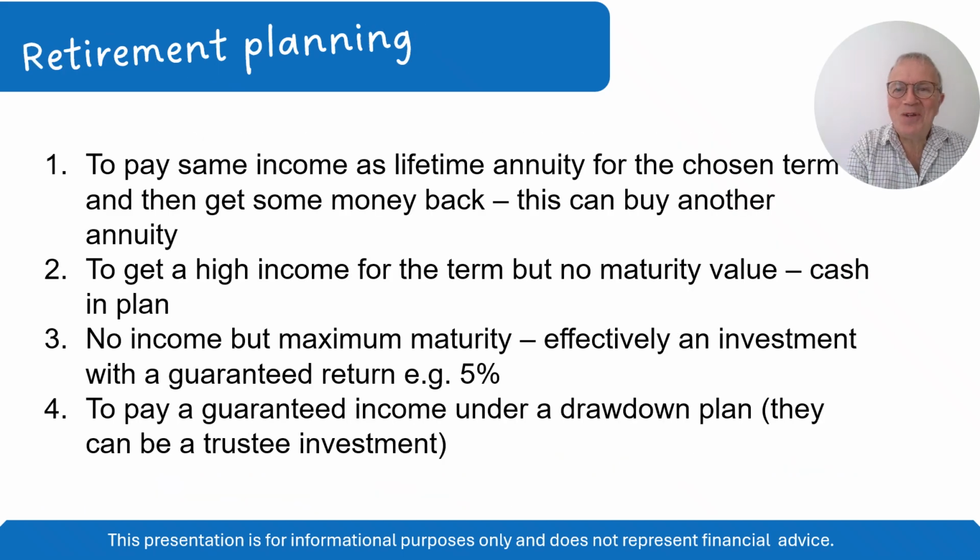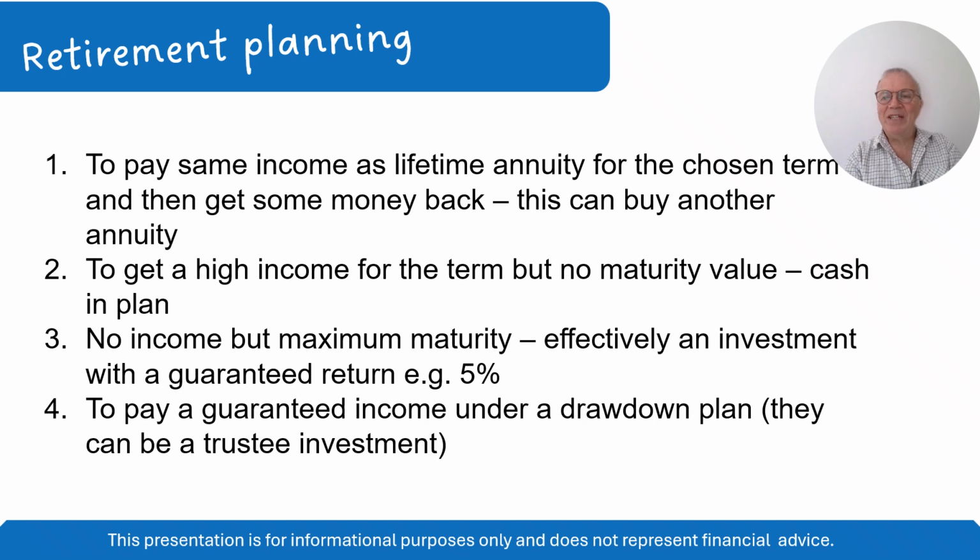So how do fixed term income plans fit into retirement income planning? Well, the first thing, they can be used instead of a lifetime annuity. So to take, for example, £100,000, if a lifetime annuity pays, let's say, £6,000, you can take £6,000 from a fixed term.